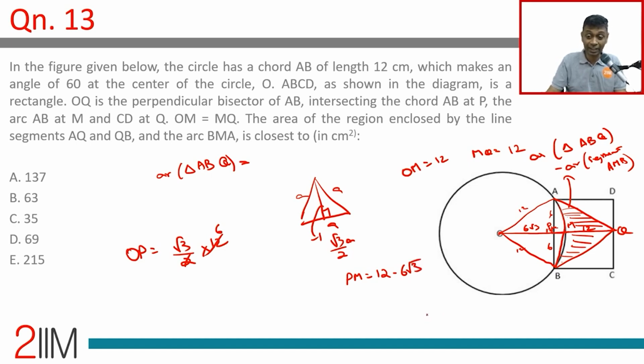Therefore, we can find the area of triangle ABQ. And so PQ is 12 plus 12 minus 6 root 3, which is 24 minus 6 root 3. So we know the height PQ, we know the base AB, so the area of triangle ABQ can be found. Now that's not enough. We still need to worry about segment AMB.